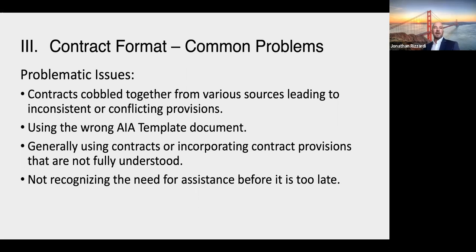So just understand, maybe you're in too deep, maybe this project is something that you don't usually do. It's bigger than your normal bread and butter project. In that instance, it pays to get some assistance and make sure that the contract is really buttoned up.